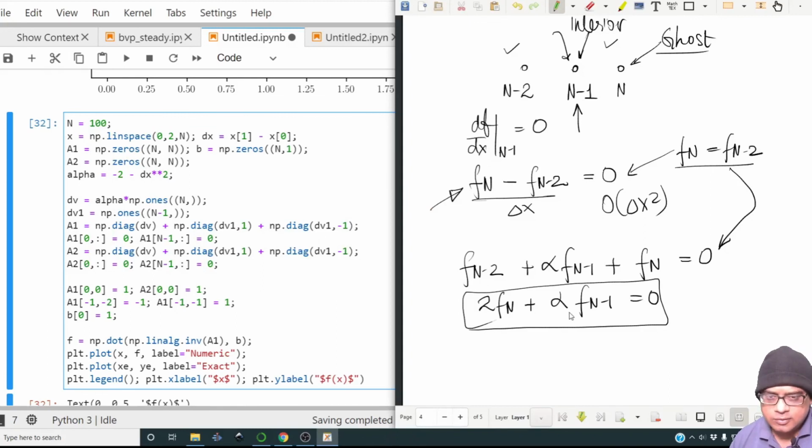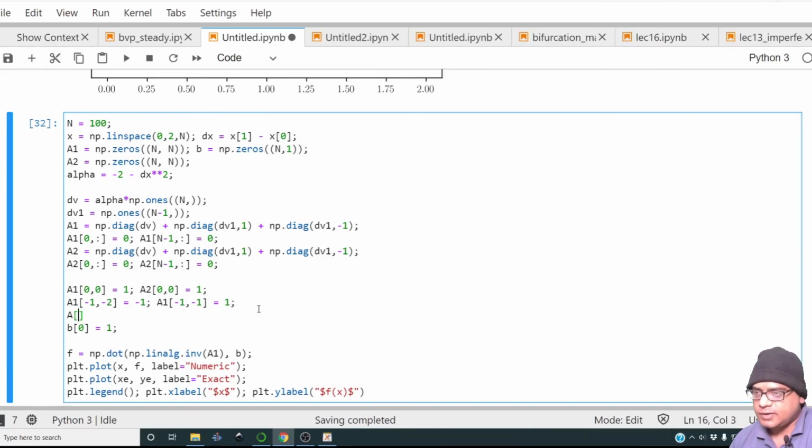So this is alpha and this is 2. Okay, this is going to be alpha. Sorry, this has to be written in terms of f_{n-2}. So I will have A2[-1,-1] equal to alpha, and A2[-1,-2], and that is going to be equal to 2.